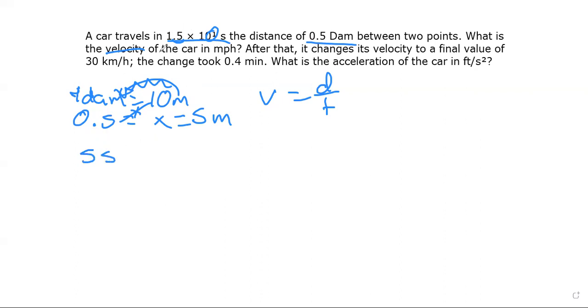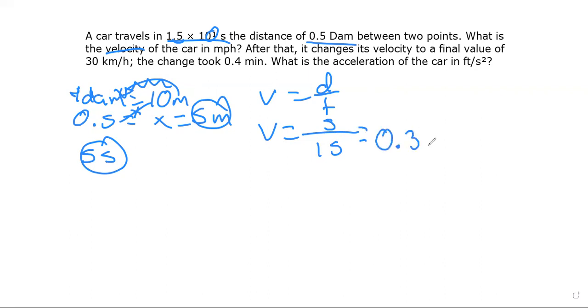Here we should have the first values that we need to solve this. So velocity would be the distance, 5, over 15. That would be 0.3 meters per second.